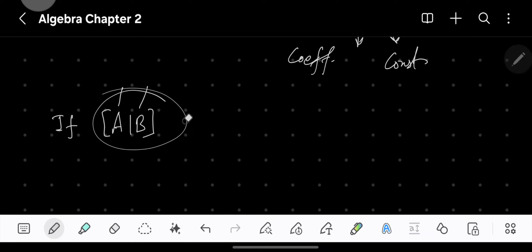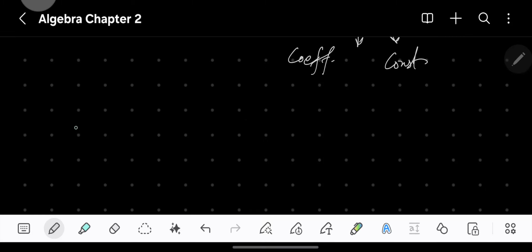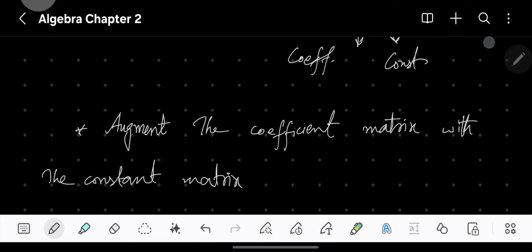So what are the steps here? The first step is to augment the coefficient matrix with the constant.